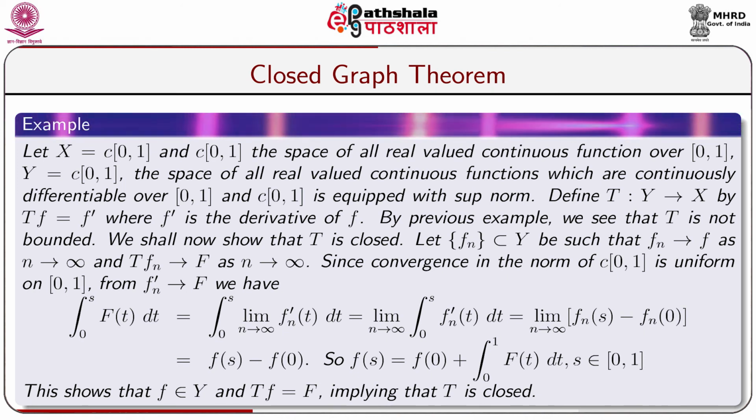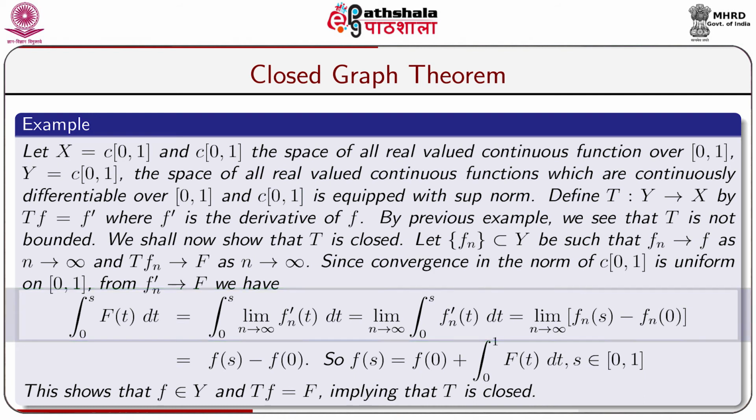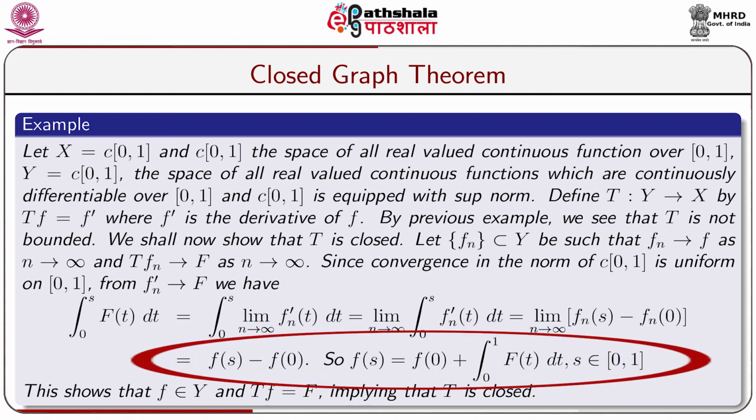Since convergence in the norm of C[0,1] is uniform on [0,1], from fn' goes to g, we have integration 0 to s of g(t) dt is equal to integration 0 to s of limit n tends to infinity fn'(t) dt, which is equal to limit n tends to infinity integration 0 to s of fn'(t) dt, which is equal to limit n tends to infinity of (fn(s) minus fn(0)), which is equal to f(s) minus f(0).